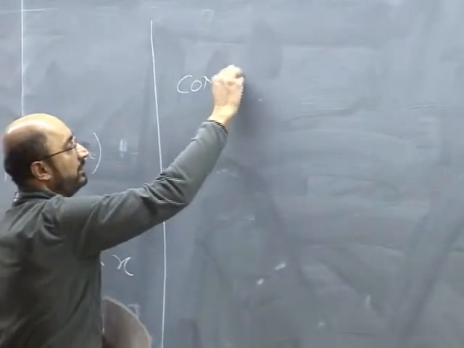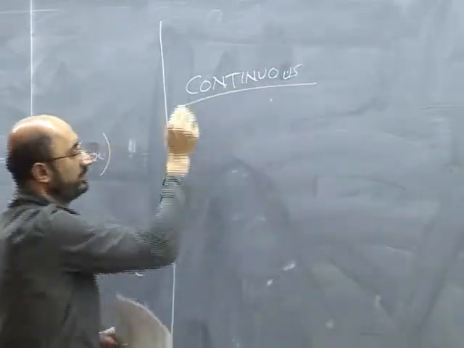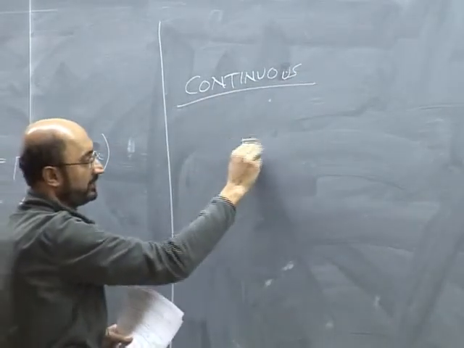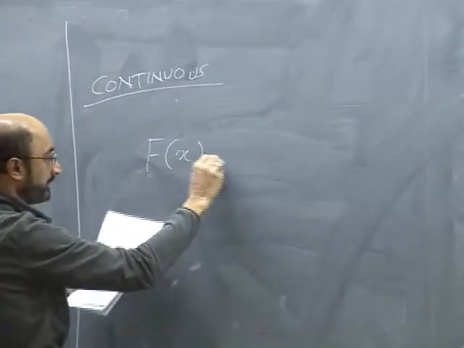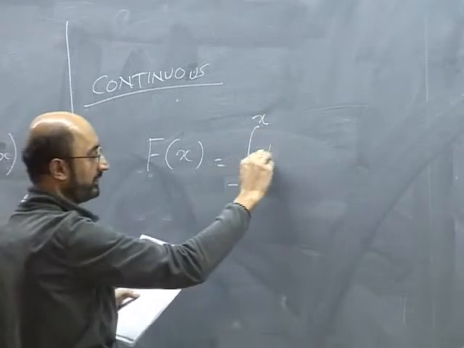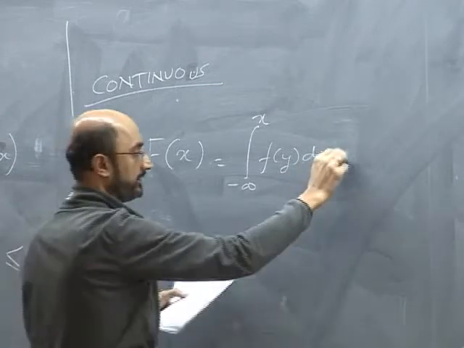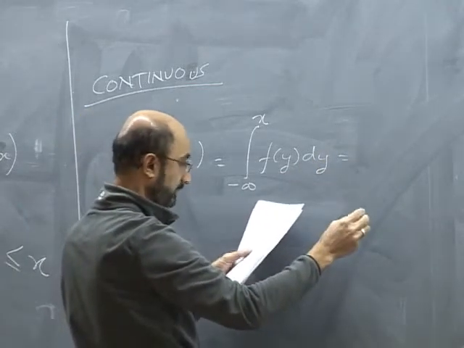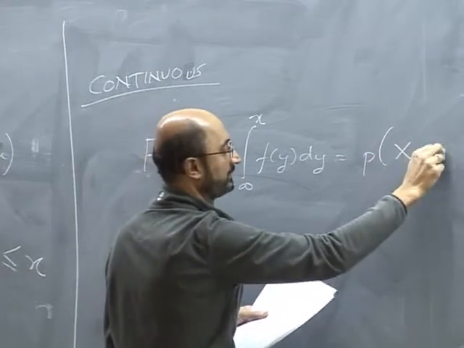So continuous. In the continuous case, the cumulative distribution F of x is given by the integral from minus infinity to x, and we'll just use a different variable to avoid confusion, of f(y) dy. Okay, and this is basically also denoted as the probability that X is less than or equal to x.